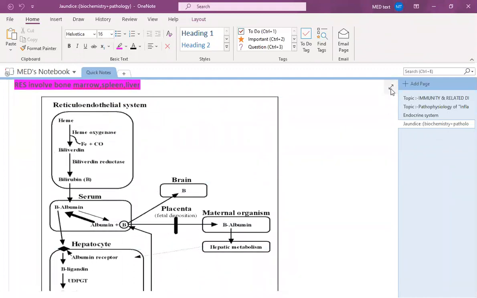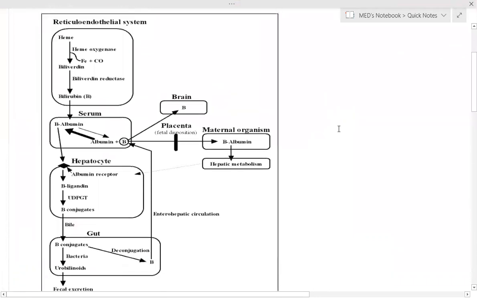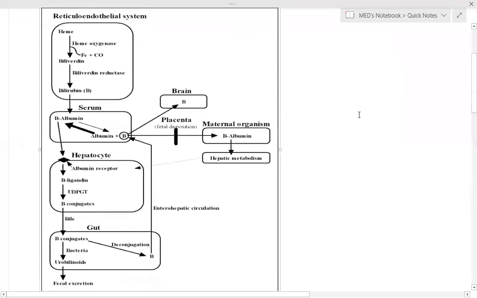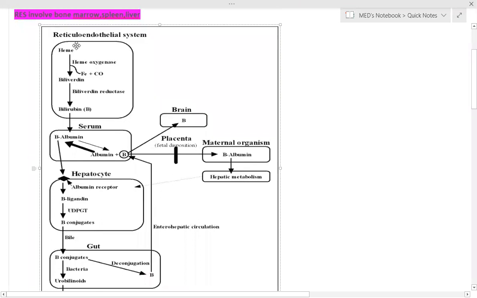So in the mechanism of formation, first of all, the reticuloendothelial system, that is bone marrow, spleen, and liver, is where the RBC gets destroyed, but mostly in the spleen, which is called the graveyard of RBC, right? After 120 days, the RBC will release heme and globin.